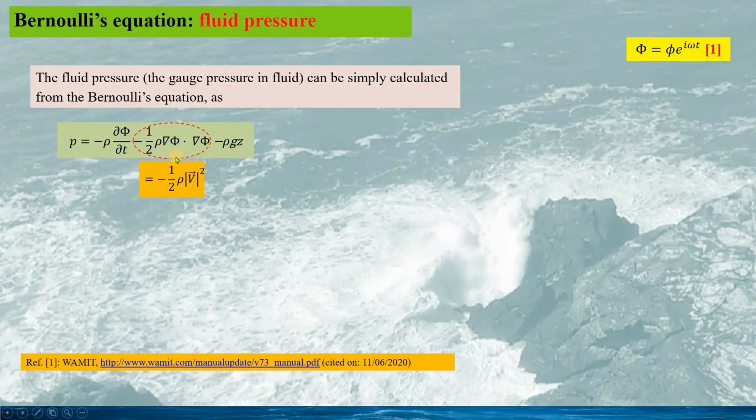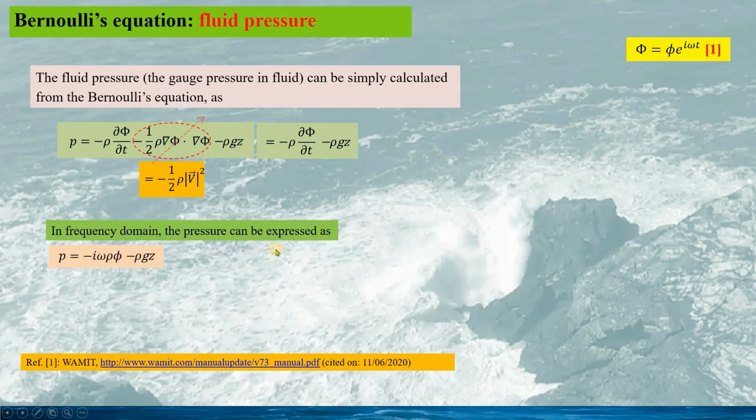Therefore, the second order fluid pressure can be omitted in the wave structure interaction problem. As such, the pressure can be linearized and given as this. This is very good for the analysis of the first order forces and motions for the floating structure, although the second order force would be important for the mooring system.